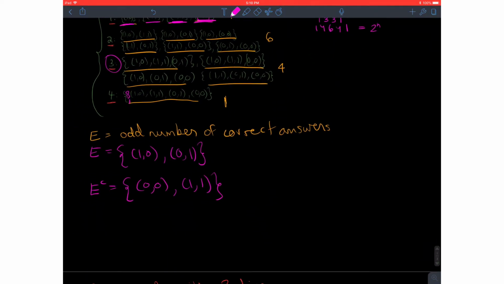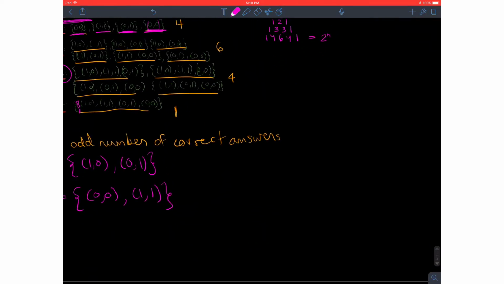So for a set S, the cardinality of the power set of S is equal to 2 to the n, where S has n different outcomes. So it's rather big.